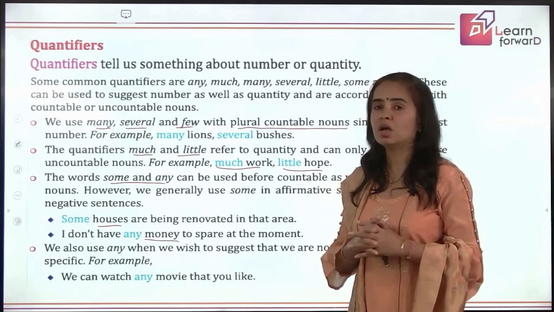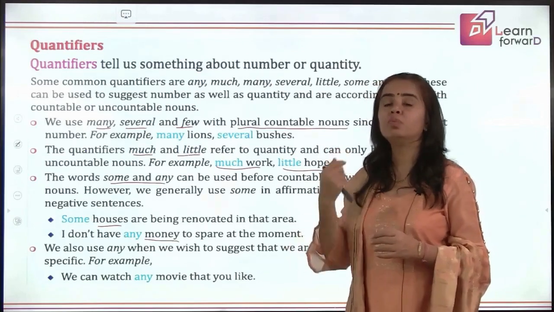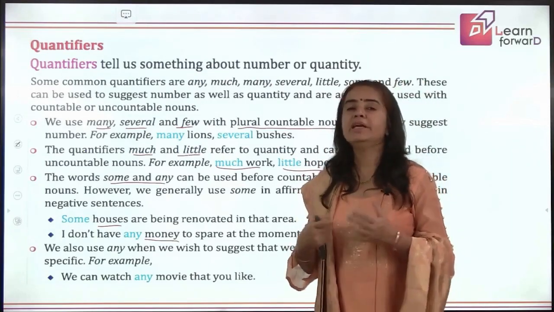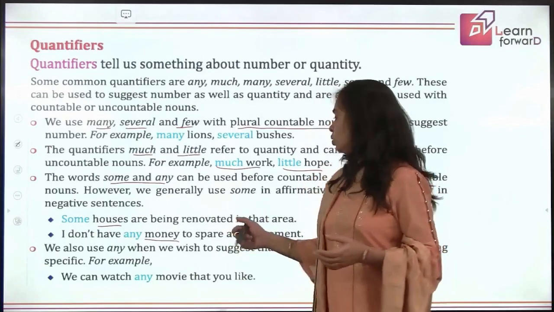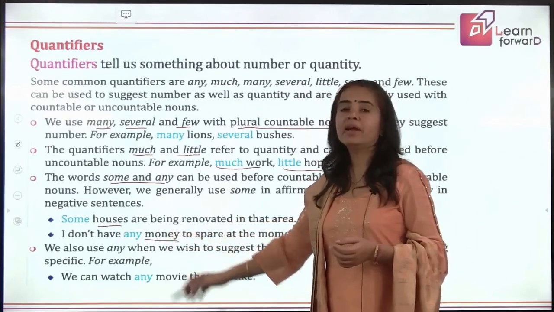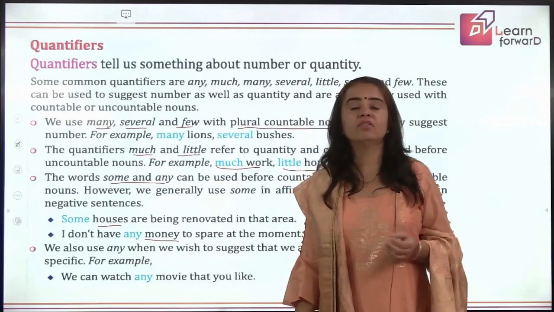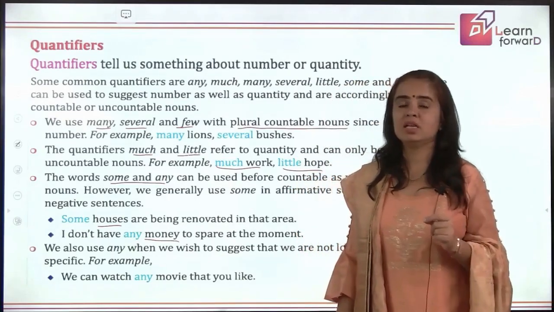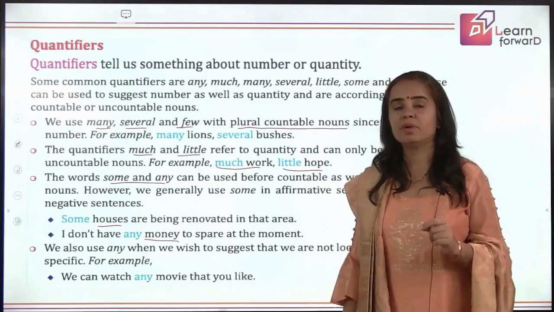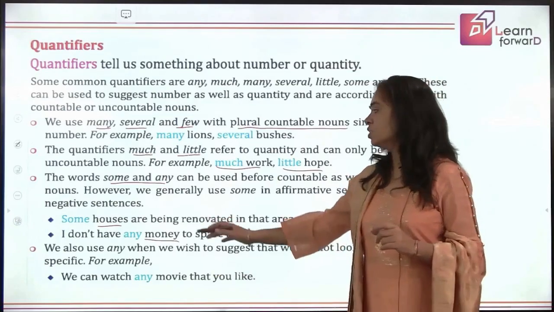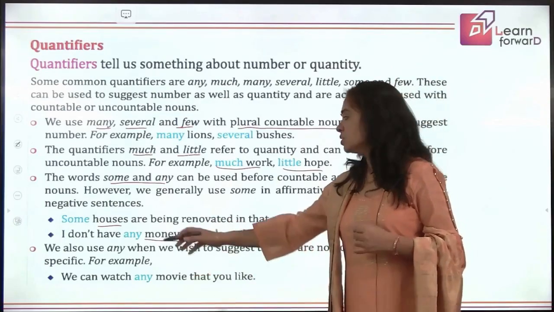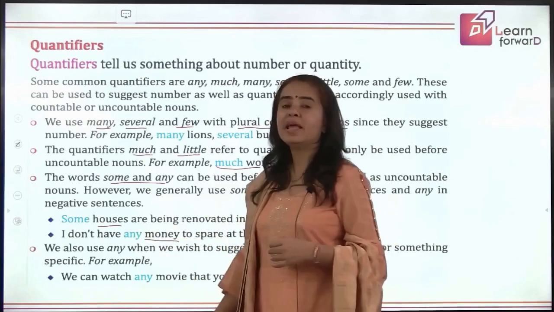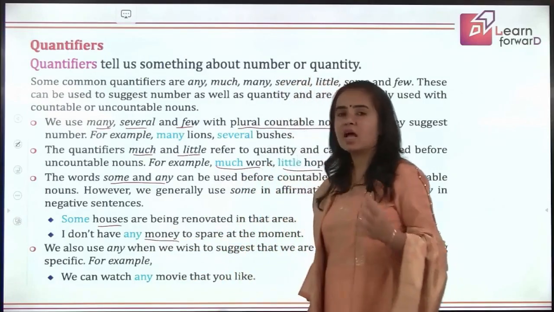Wealth is not countable because apart from rupees, apart from currency, it includes much more. So this is uncountable. We don't say I have 5 money in my purse. I have 500 money in my purse, right? So we just mean to say this is about I don't have any money, means it is uncountable.